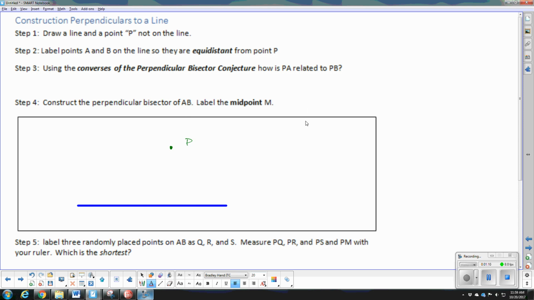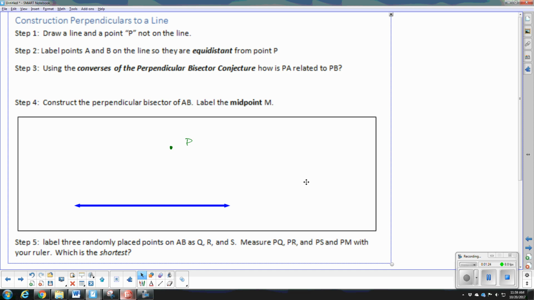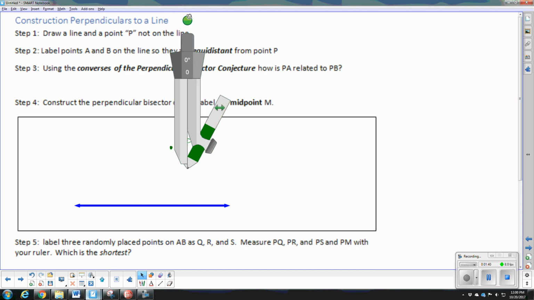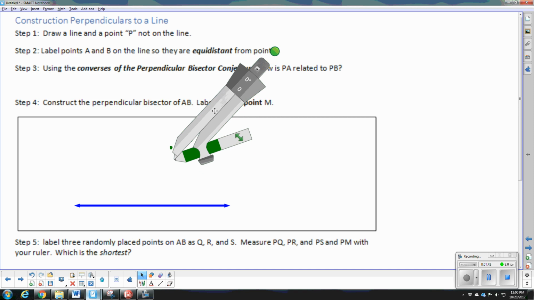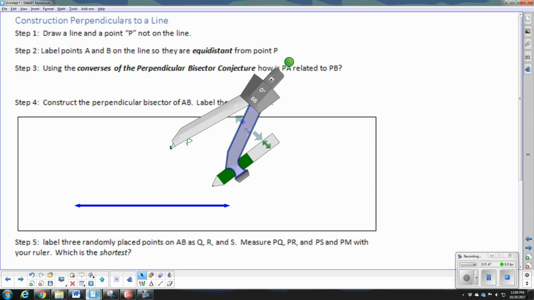The next step is to label points A and B on the segment so that they're equidistant from point P, or actually it says that this is a line, so really this should have arrows on it. So in order to do that, we're going to use our compass. We're going to set it just so that an arc that we draw intersects with our line.